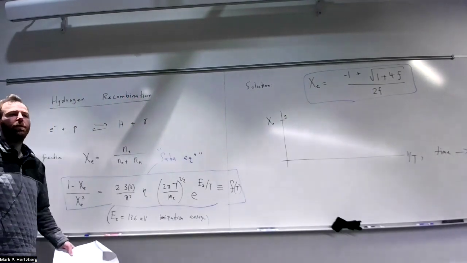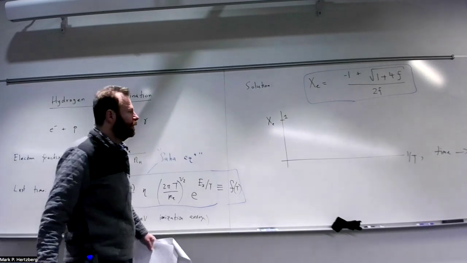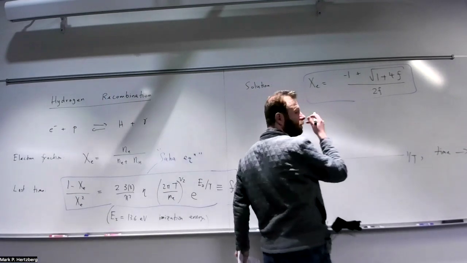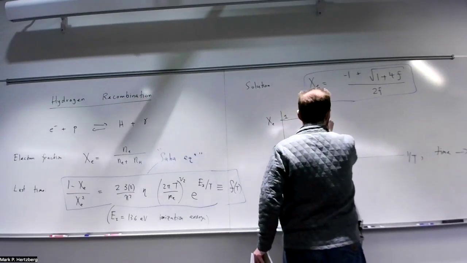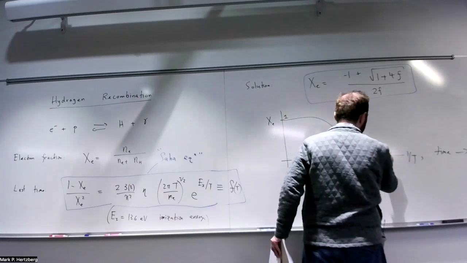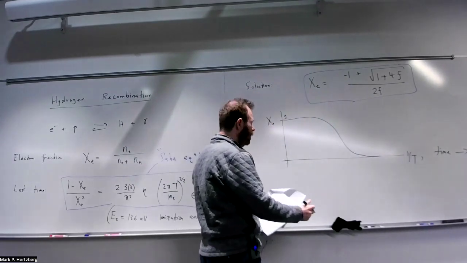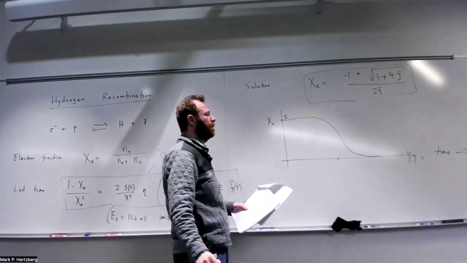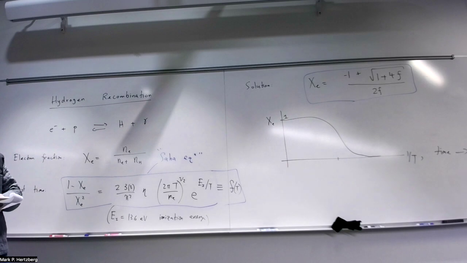The hot universe is going to be an ionized plasma. And at lower and lower temperatures, as we'll see in a second, it definitely goes like this and then comes down and heads towards 0. Let's just make sure we agree that it looks like that. So it has this shape.